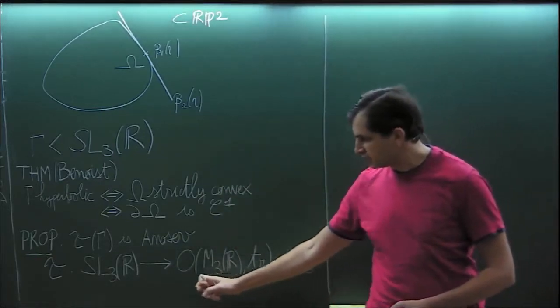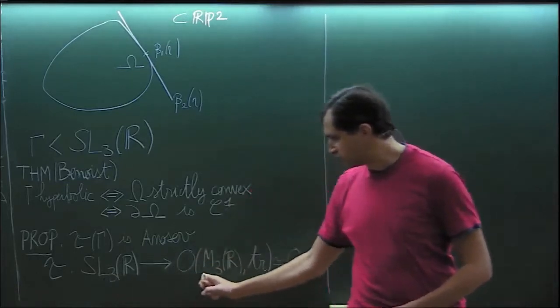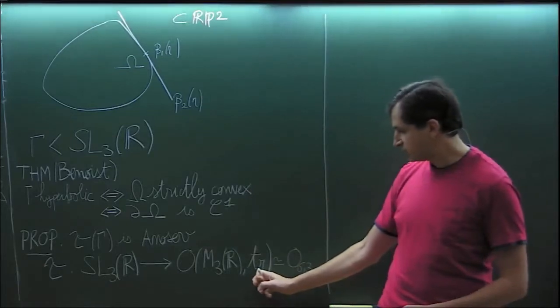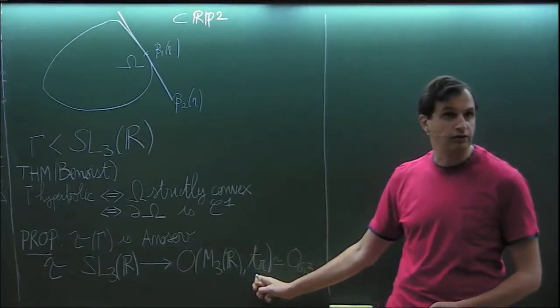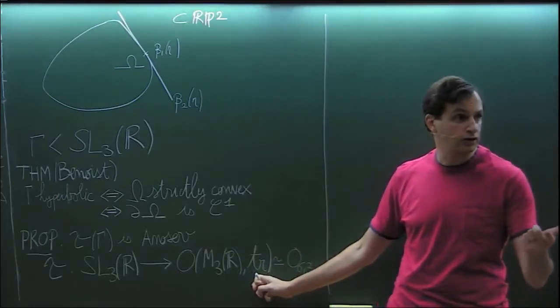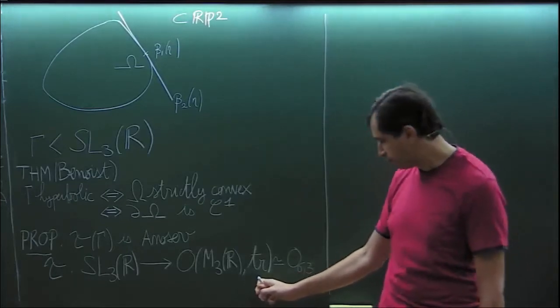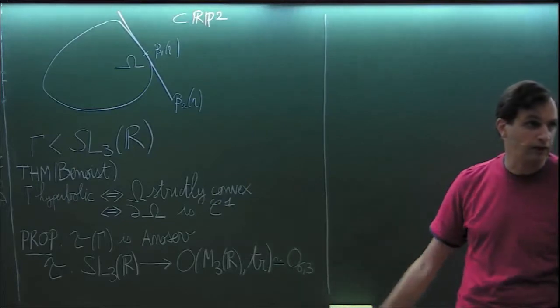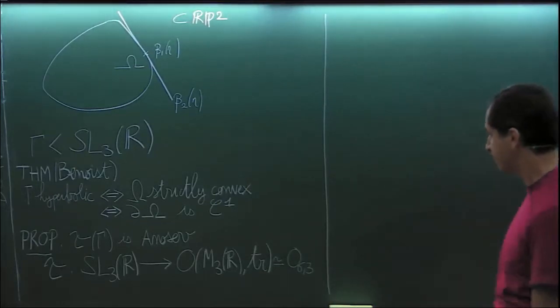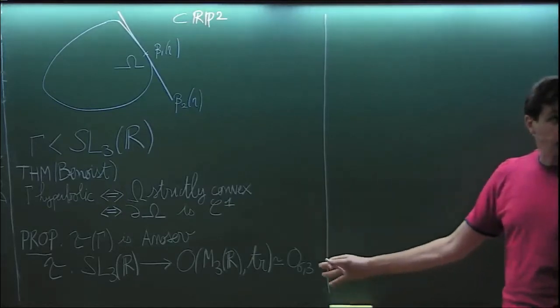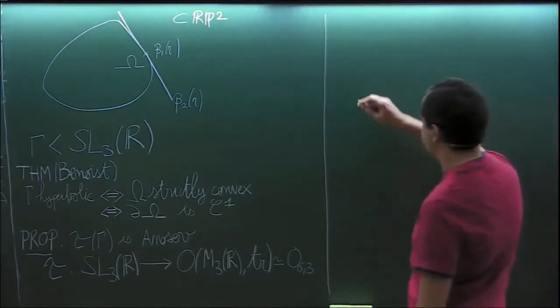And this representation of SL3 is just by conjugation on 3×3 matrices. And the trace is the quadratic form. So (A, B) goes to the trace of A times B, a symmetric bilinear form of signature 6-3, I believe, on 3×3 matrices. But it's not a very nice way to phrase this condition.